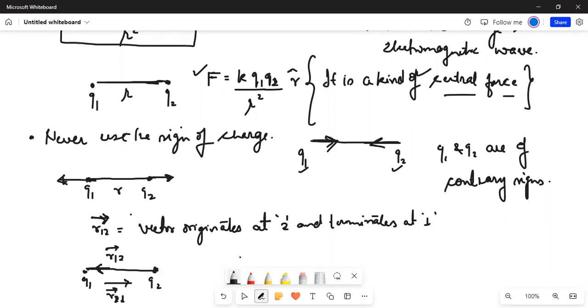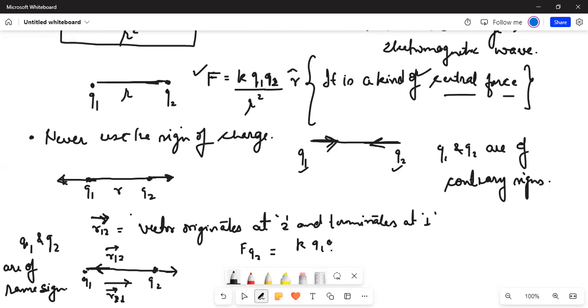Now let's say I'm trying to find the force on charge Q2. Let's say Q1 and Q2 are of the same sign. Then the force on charge Q2 would be in this direction, right?